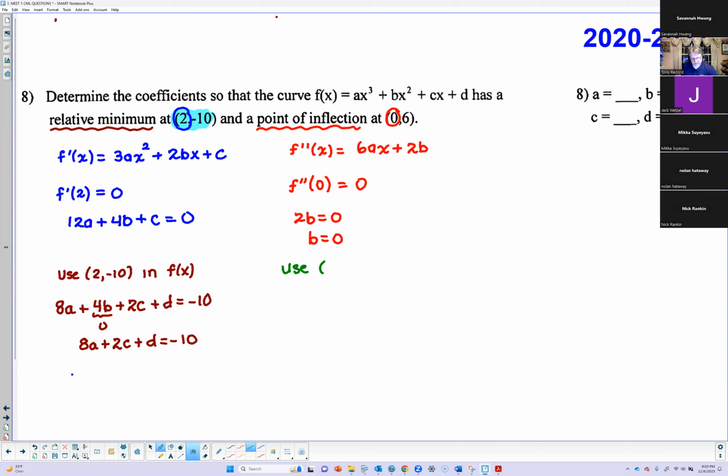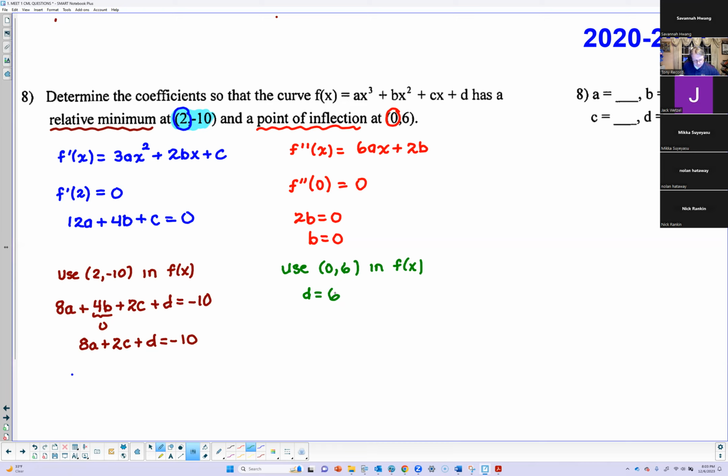Isn't a point of inflection also a point on your graph, on your function? So let's use 0, 6. And if you kind of look ahead, by virtue of the fact that x is 0, that's going to wipe a lot of these things out. In fact, can you guys see that as fact? D has to be 6.